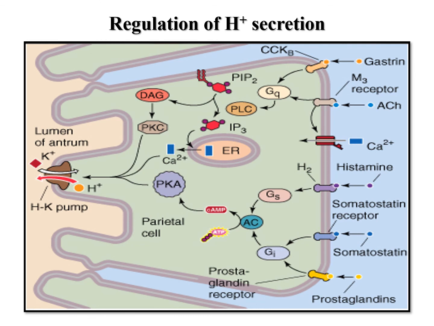This schematic diagram tries to explain the regulation of acid secretion of the parietal cells. The parietal cells that secrete acid are under the influence of many chemical messengers.